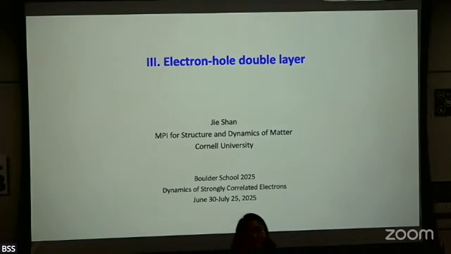So here we're starting the very last lecture of the school, with the final improvement of the 2D material, which is at the heart of the theme of our school this year. So the plan today is to talk about electron-hole double layers.